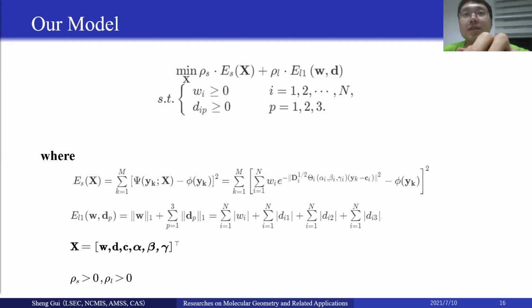The two parameters ES and EL are used to balance the two targets, accuracy and sparsity, and the constraint conditions are expanded as follows. One, the first constraint condition indicates that the corresponding ellipsoid Gaussian RBF is non-negative.